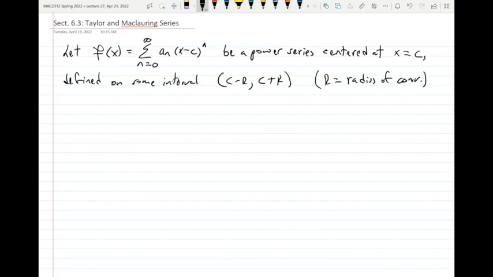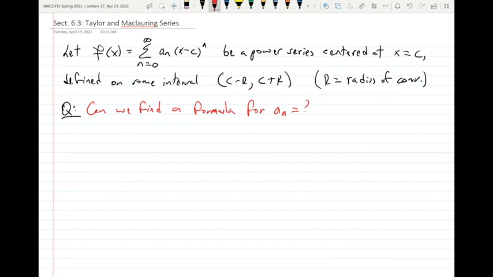The question is, can we say something about this coefficient? Can we figure out what a_n is? This is what we want to do. So the question: can we find a formula for a_n? Okay, that's really all we need.